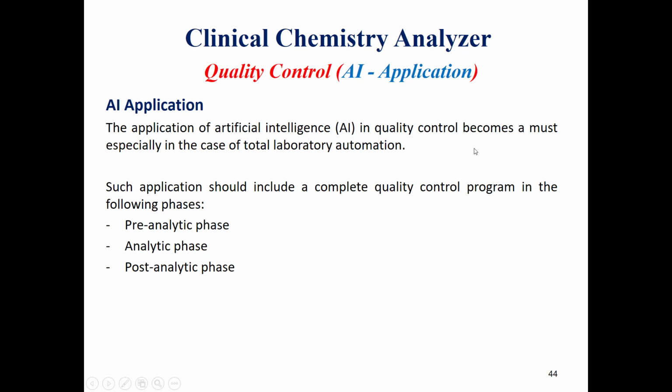Also, its use becomes a must, especially in the case of total laboratory automation. In addition to autoreflex and other features, this should be applied for the analysis of the quality control or QC program, in all phases: the pre-analytic, analytic and post-analytic phases, and not limited only to the analytic phase.